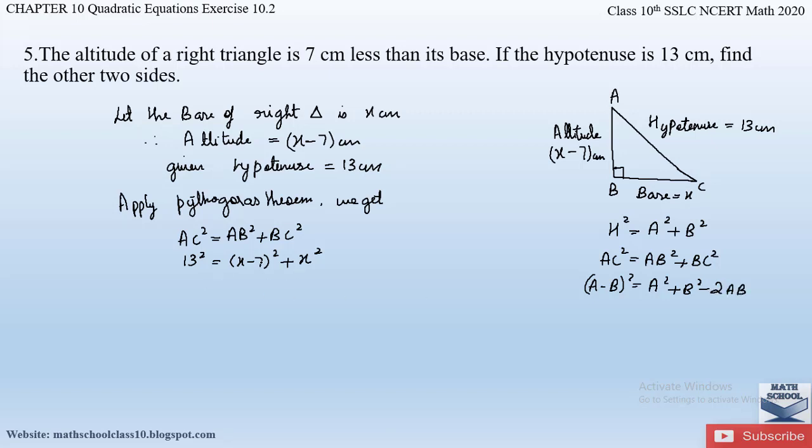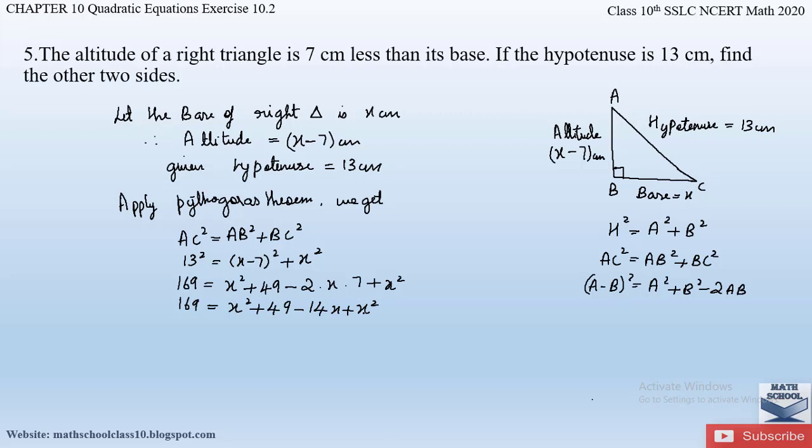So let us apply this formula for x minus 7 the whole square. 13 square is 169, which is equal to x square plus b square, that is 7 square, 7 sevens are 49, minus 2 into a, which is x, into b, which is 7, plus x square. So 169 is equal to x square plus 49 minus 14x plus x square.